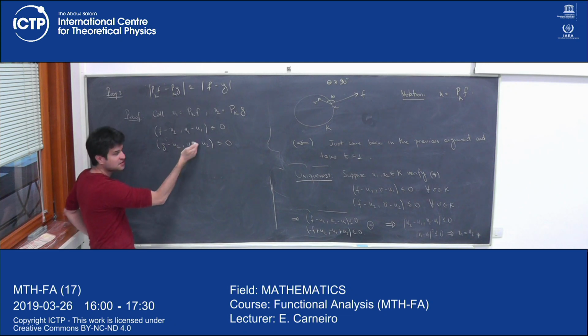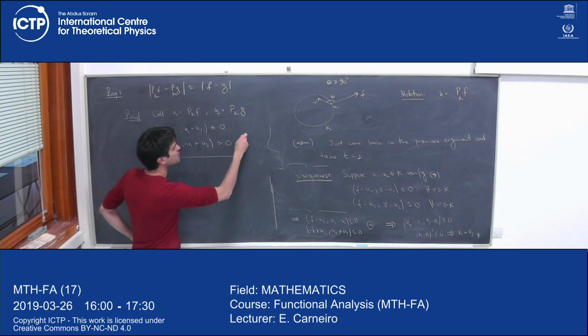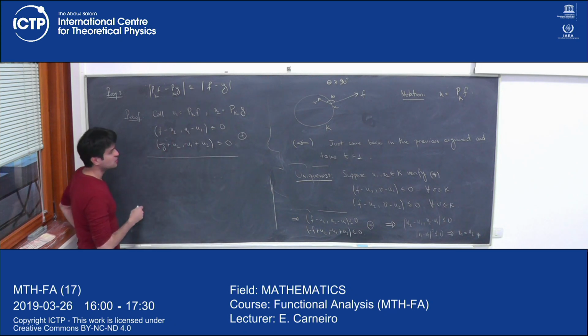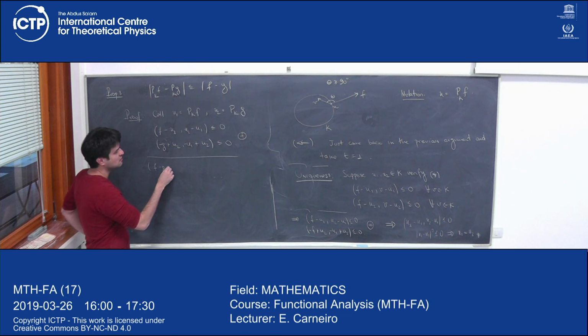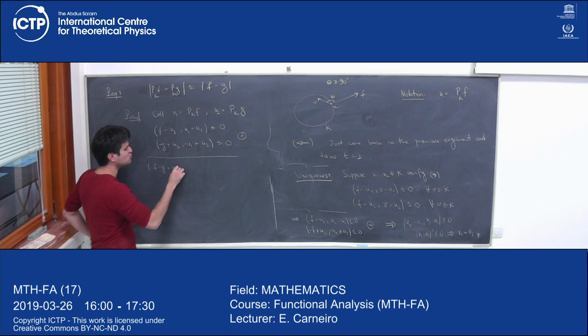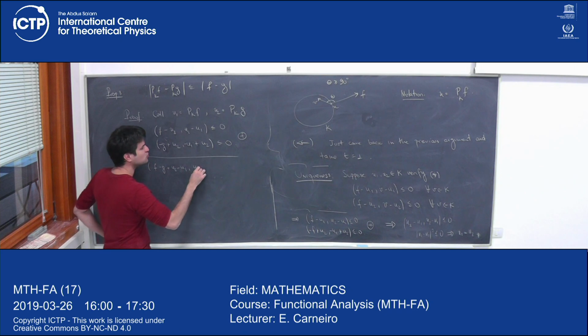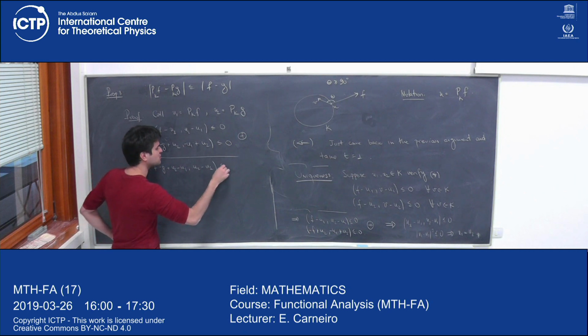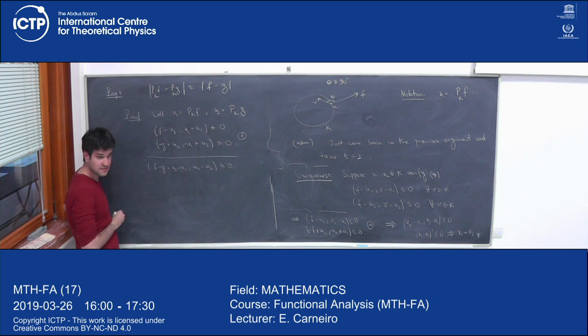Let's change the signs here again, plus, minus, and we add them up. When we do this, what we get on the left-hand side is (f - g) plus (u2 - u1), u2 - u1, less than or equal to 0. Is that reasonable?